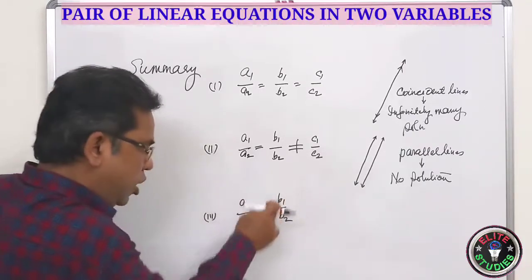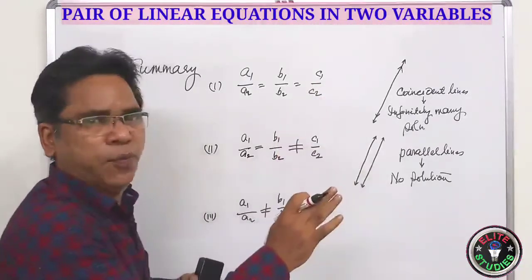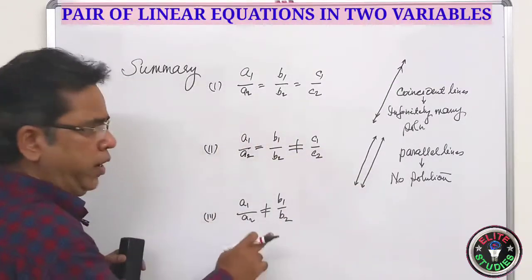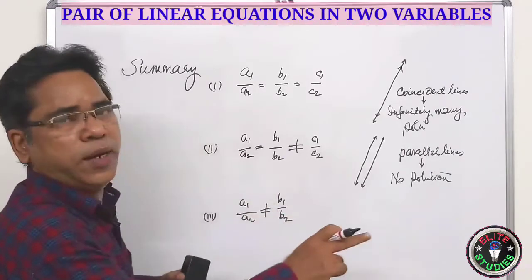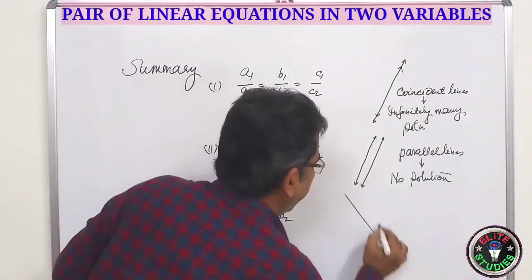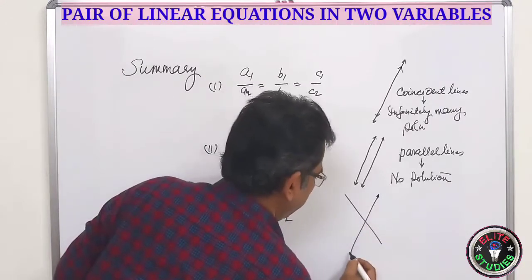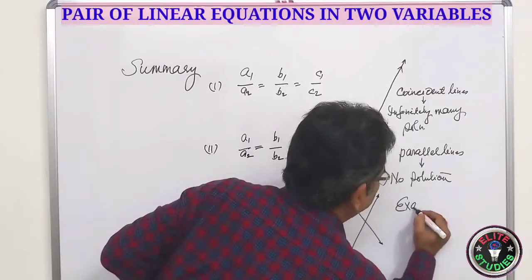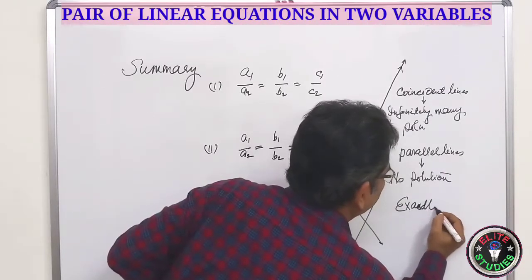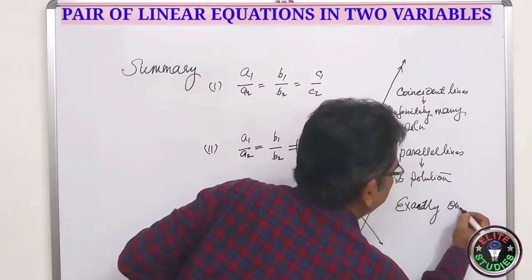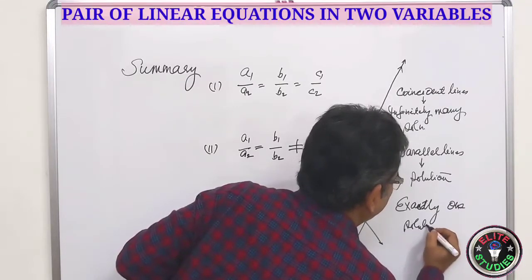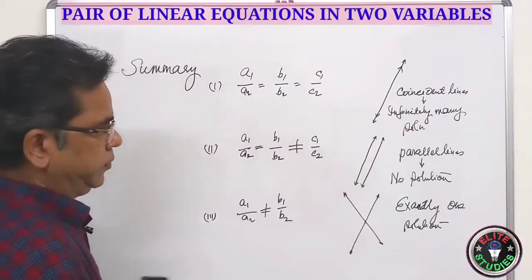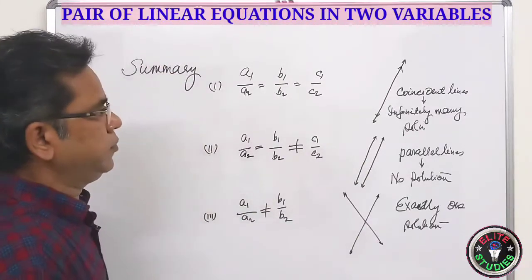If A1 by A2 is not equal to B1 by B2, irrespective of whatever C1 by C2 is, then you are going to get intersecting lines. And here you will have exactly one solution, because these are intersecting lines. So these are the three things.